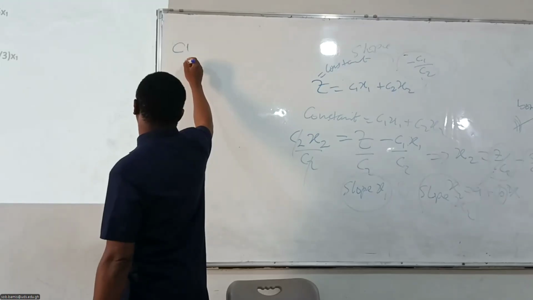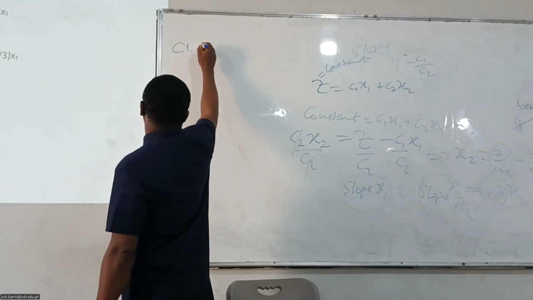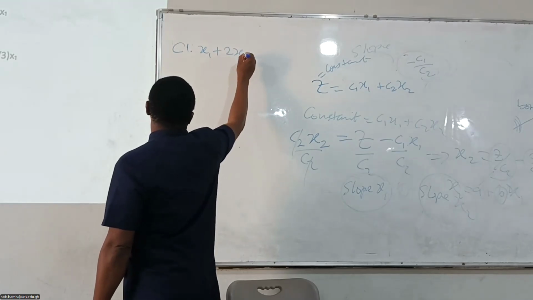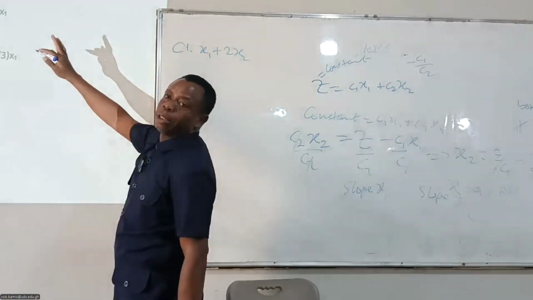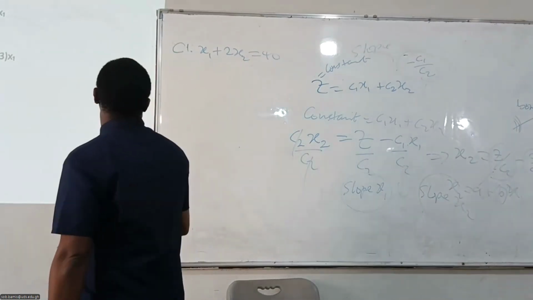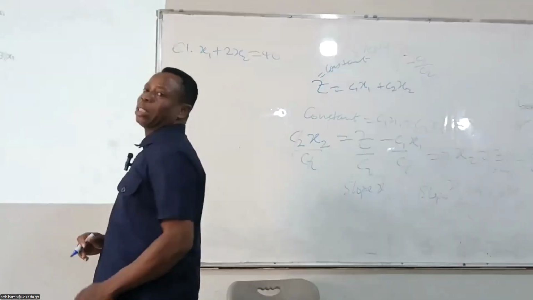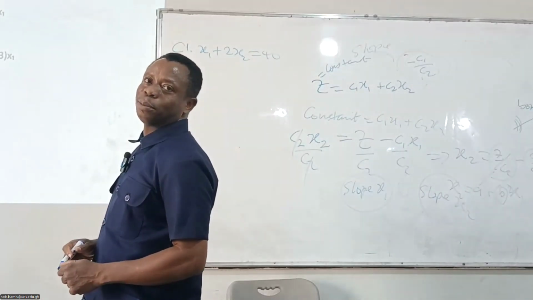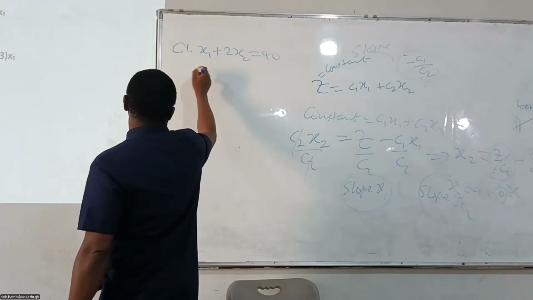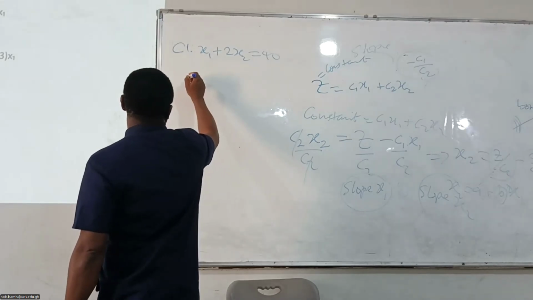We said the labor constraint is X1 plus 2 X2 equals 40. Here we use the equality. So here make X2 the subject again.